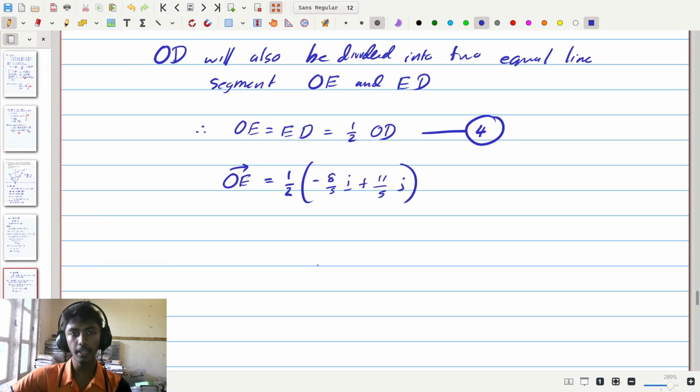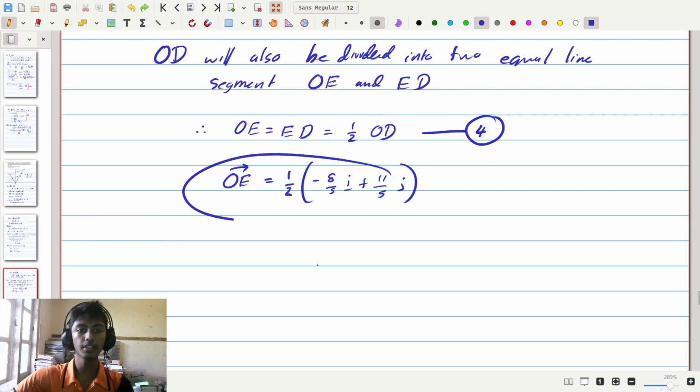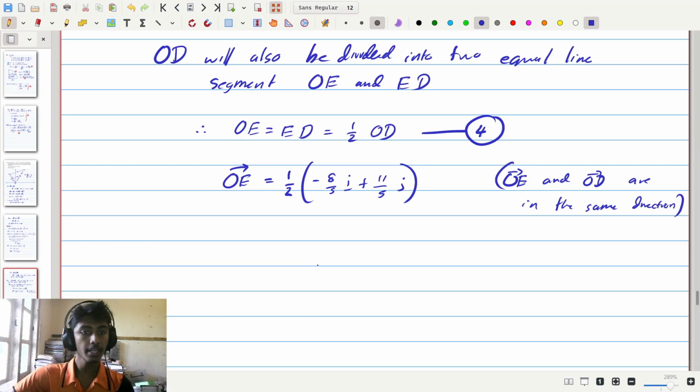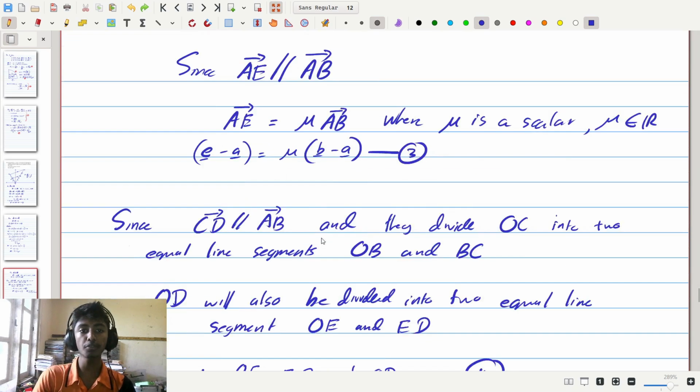Now it should be noted that just because the lengths are equal doesn't mean the vectors are also equal, but since OE and OD are in the same direction, these are equal. So you should be careful of that. In fact, I might want to say that OE vector and OD vector are in the same direction, just to make it extra clear why I can directly say that OE vector is half of OD vector. Now we have this, which we can substitute into the equation up here in order to solve for mu.